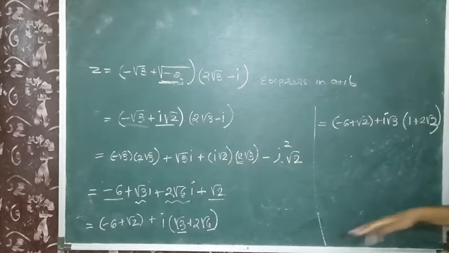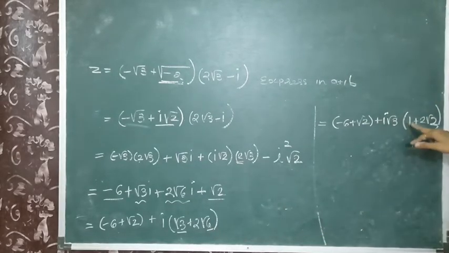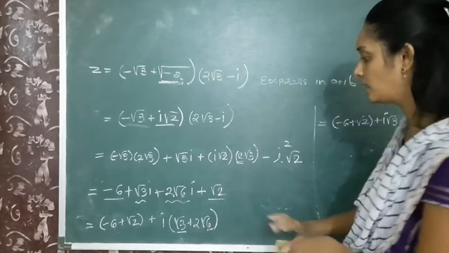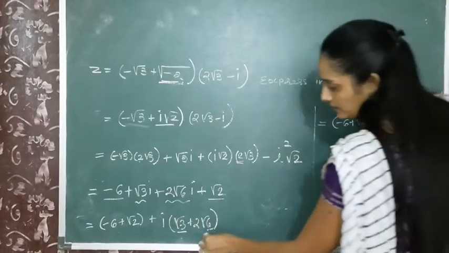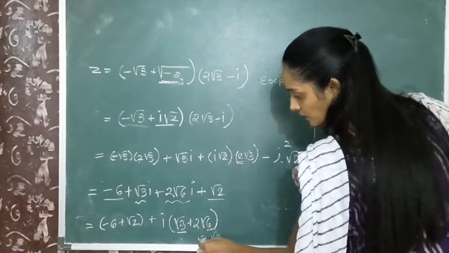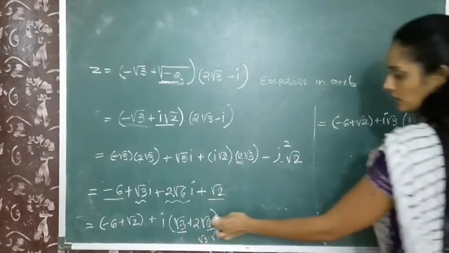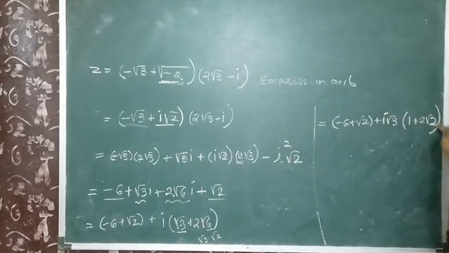Okay, then here root 6, root 3 multiplied with 2 root 6. Root 3 is taken common, and root 6 splits as root 3 into root 2, so here we can take root 3 common, leaving root 2, so I can write 2 root 2.